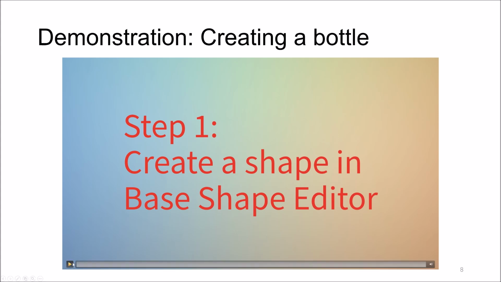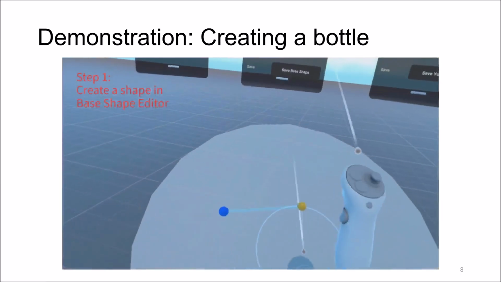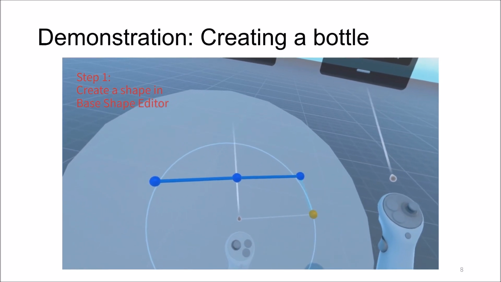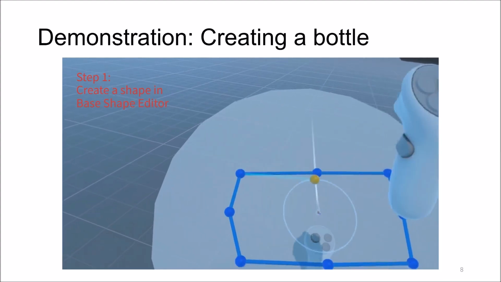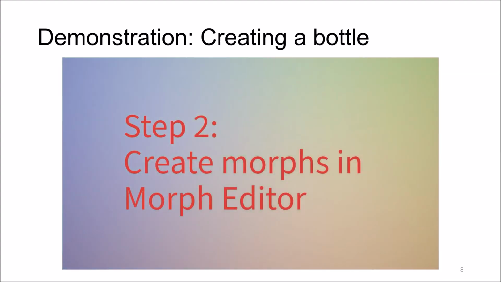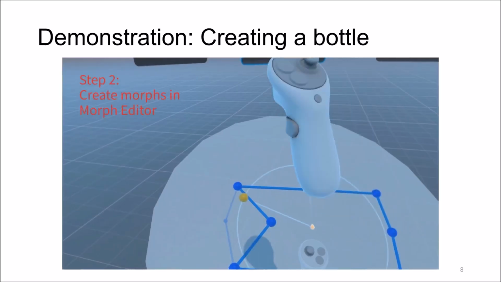This video demonstrates how to use the system to create a wine bottle. First, we create a cross-section of the bottle body. The cross-section is the top-down view of the outline. Next, we define its deformation near the neck of the bottle.